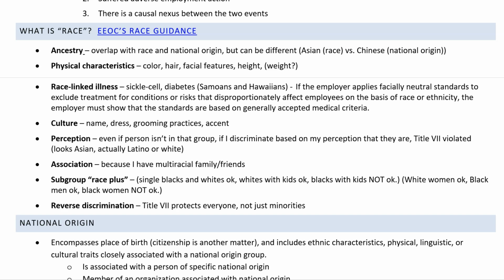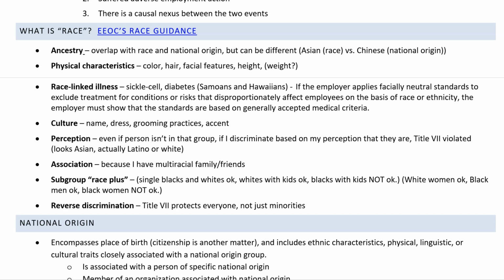So some illnesses are linked to specific races like sickle cell, like diabetes, potentially because we find that certain groups tend to be overweight more and tend to be susceptible to type 2 diabetes in greater numbers. Those are sort of edge cases there, but certainly something to think about.